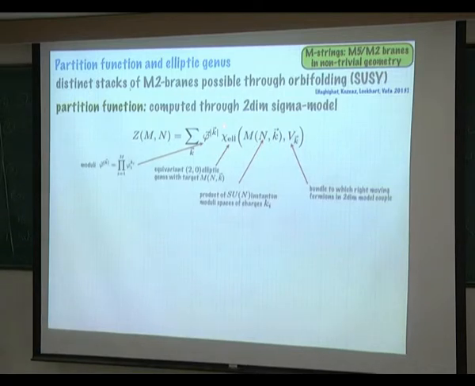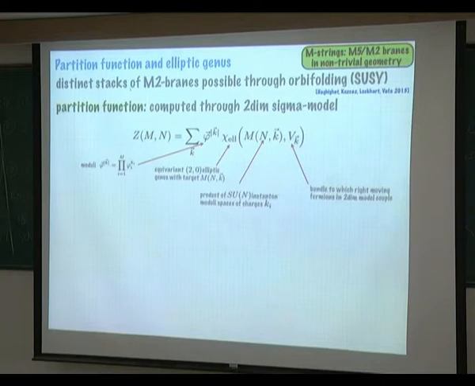Then the moduli dependence enters as this prefactor phi_K here, where I used again the condensed notation. So phi_i are the moduli of my setting. Chi elliptic here is something which is called the equivariant (2,0) elliptic genus with the target space M_K, which is the product of the SU(N) instanton moduli spaces, each of which has charge K. And another crucial ingredient is this vector bundle V_K here, which also crucially determines the geometry.